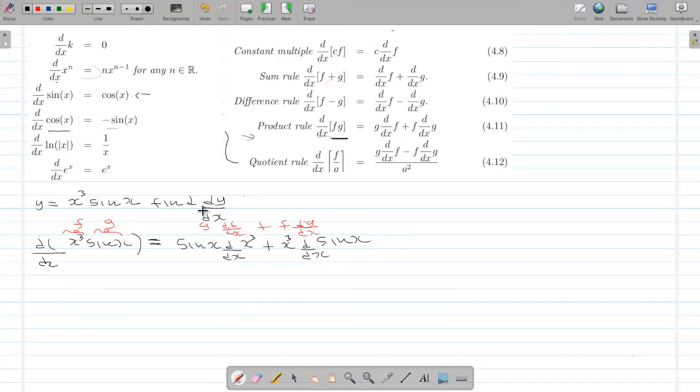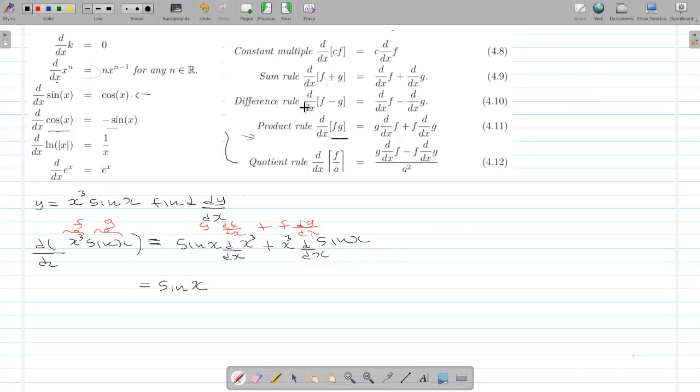Okay, just plugging in. So here I have sine x. Now I have to differentiate this. So I look whether it's listed here, then I can differentiate.